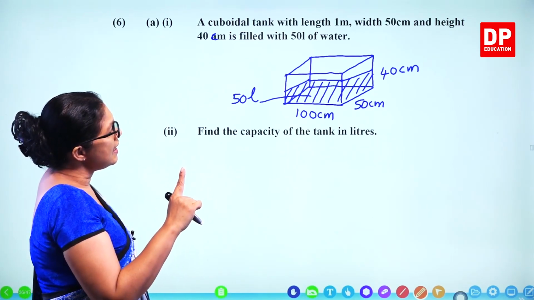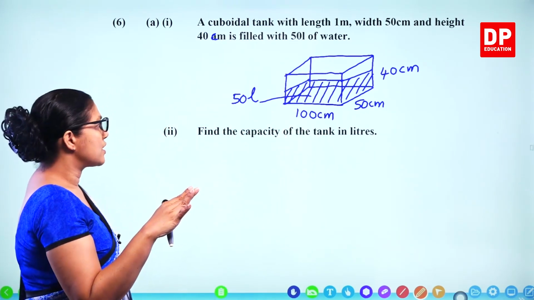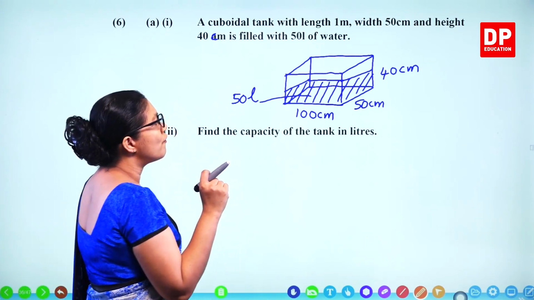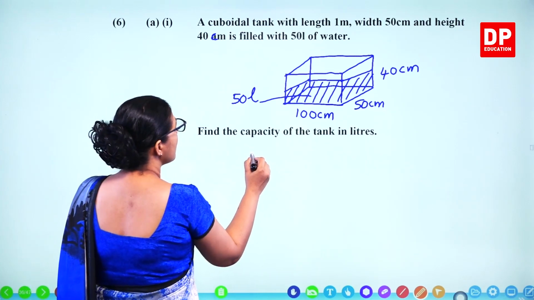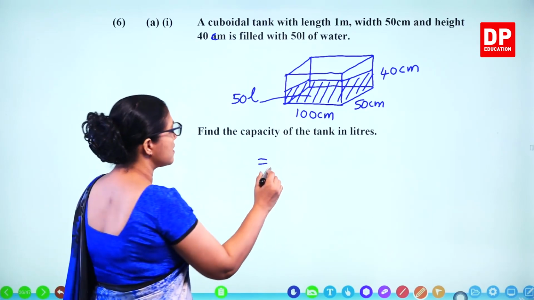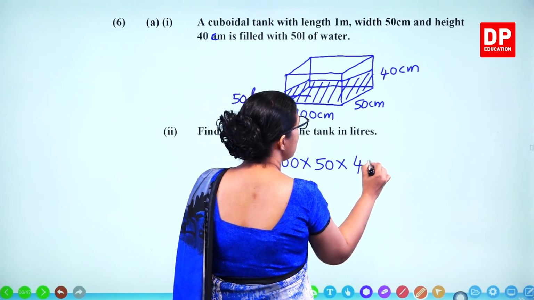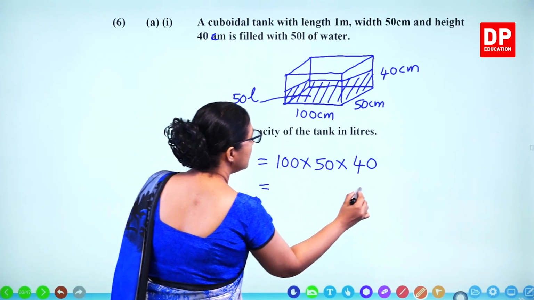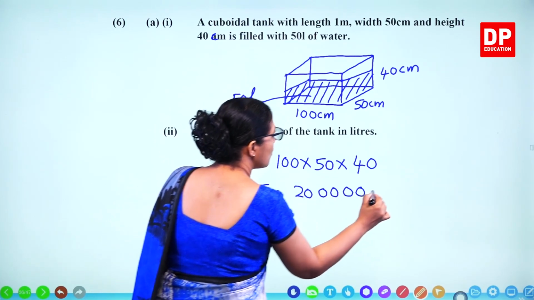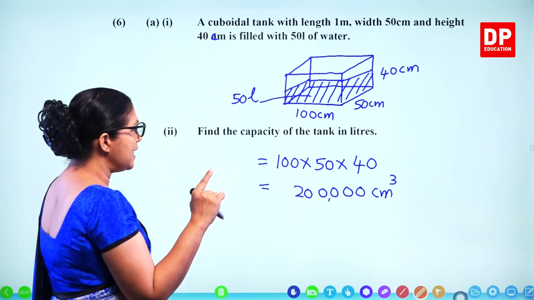Capacity is when this is filled fully with water or any liquid. So what's the capacity? That's the volume of the cuboidal tank. Capacity is equal to, first we'll find it in cubic centimeters, 100 into 50 into 40. 0, 0, another 2 zeros, 5 times 4, 20. So 200,000 cubic centimeters.